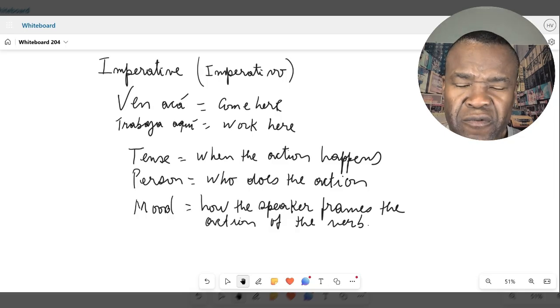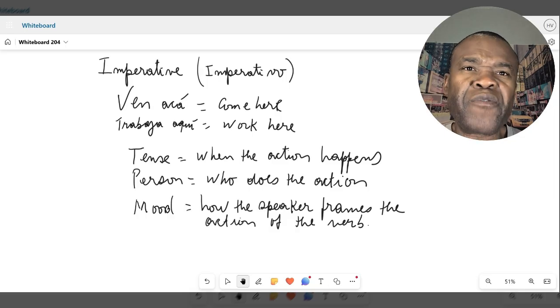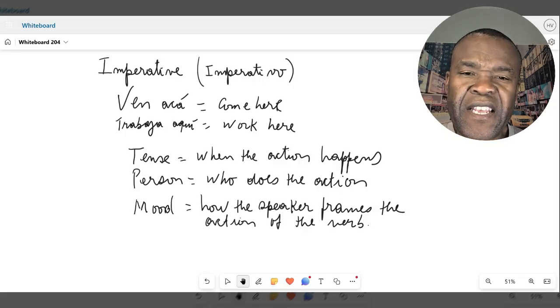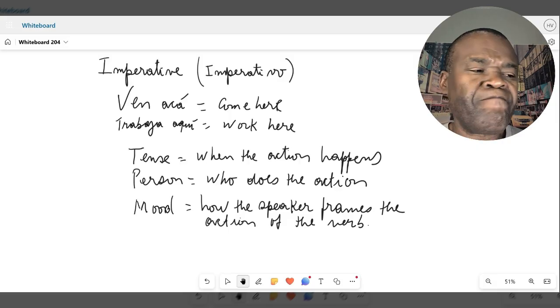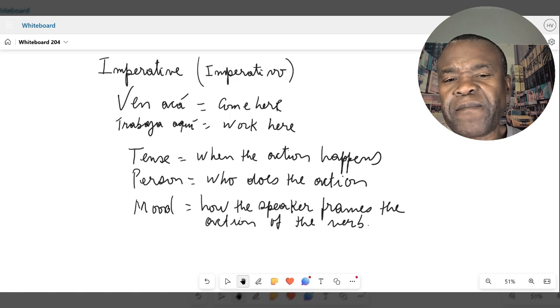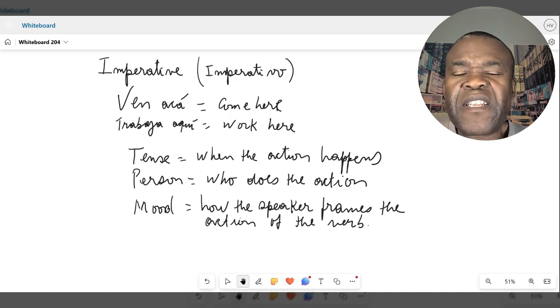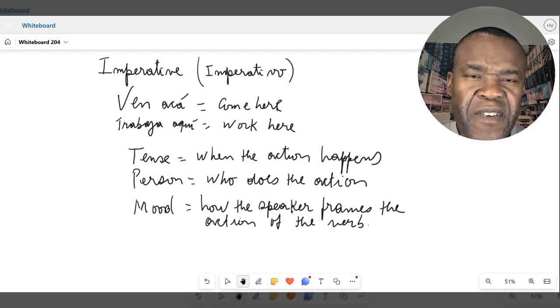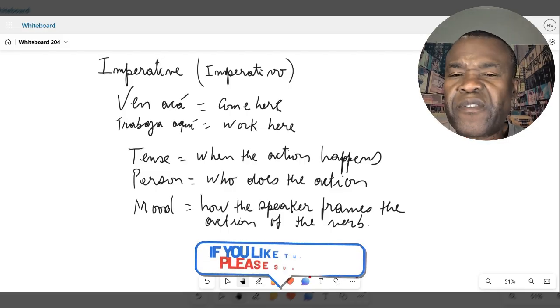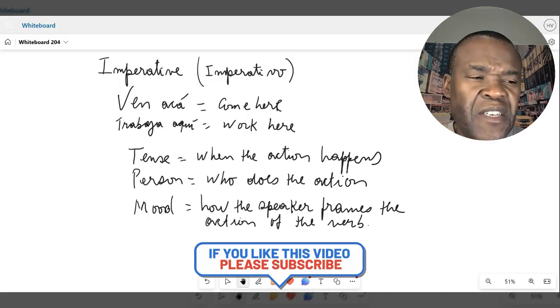So the three moods in Spanish are commonly used, are widely used, are very popular, and it is extremely difficult to achieve fluency in Spanish if you don't master the verb moods. So if you want to sound natural, you want to speak Spanish very well, it's very important to master the verbs, the moods, understand all of these things.